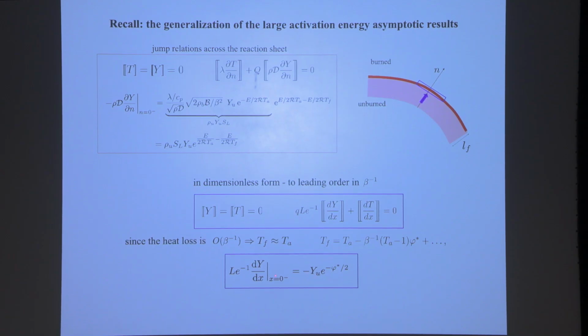And this is the relation: the mass flux of reactant entering the reaction zone is proportional to the difference in the temperature between the adiabatic and the flame temperature when the two are different. I again repeat that this was hand-waving generalized, but it was derived systematically in an appropriate paper.